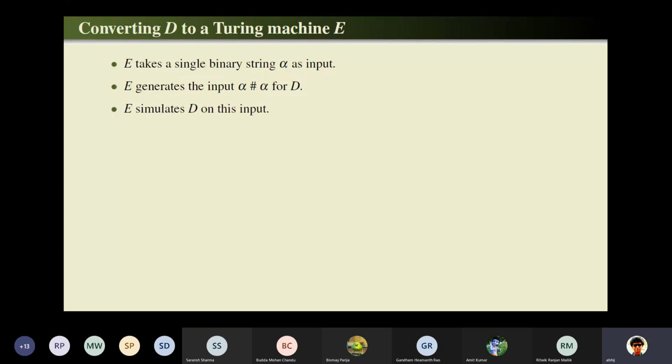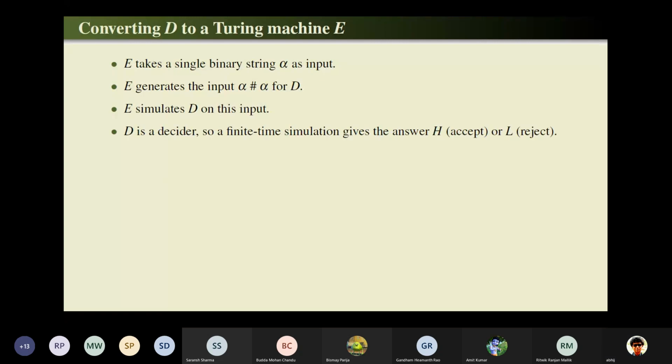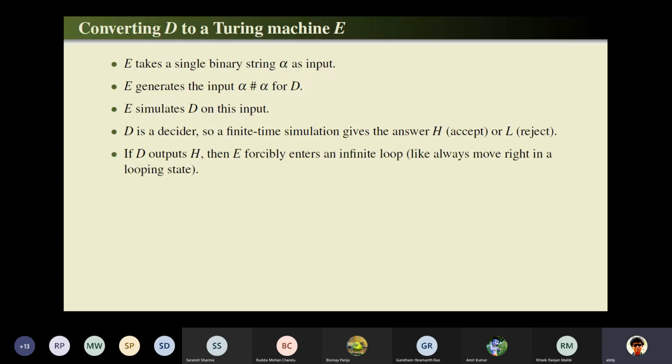So E simulates D on this input alpha hash alpha, and D is a decider. So a finite time simulation gives the answer H or L. H is halt. Halt means accept. Loop means reject, it does not halt. Then what E does: if D outputs halt, E goes to an infinite loop, like always move right.